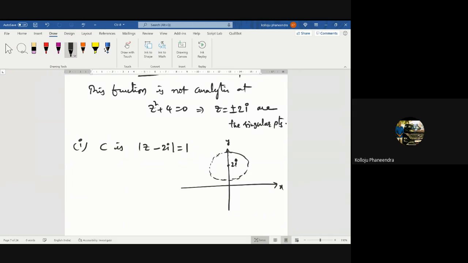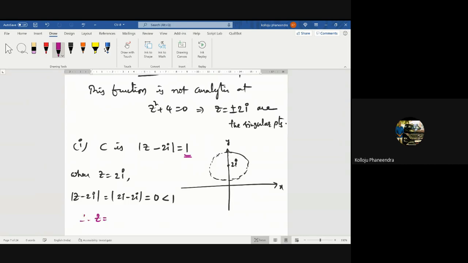What are the singular points? 2i and minus 2i. I'm telling the shortcut; you can implement this also. When z equals 2i, substitute in mod z minus 2i: this is 2i minus 2i, which is 0, less than the radius 1.